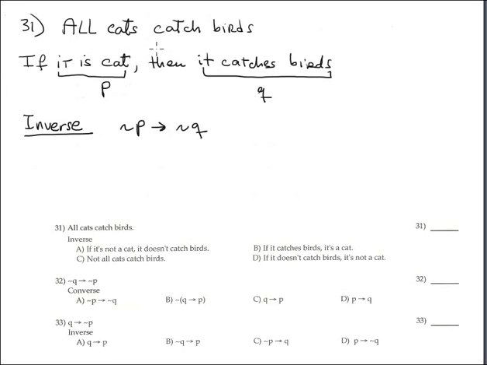Okay, in 31 you identify who is P and who is Q, because you write in a more elegant way to see the conditional statement using if then.